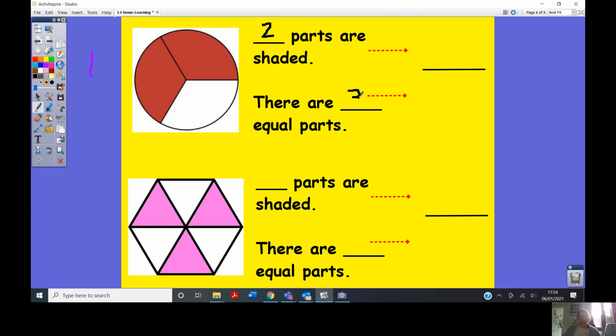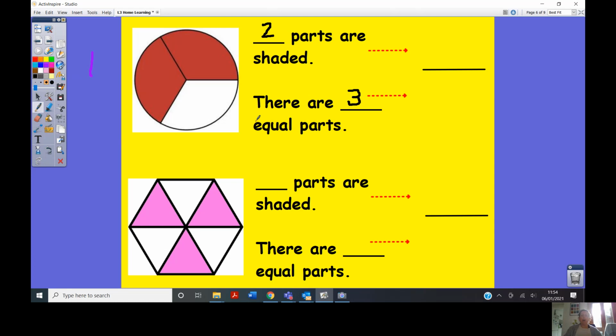There are 3 equal parts. Going back to what we've already looked at, the denominator shows us the total number of equal parts and the numerator shows the total number of parts that we have, or in this case, are shaded. What do you think our non-unit fraction is for this diagram?